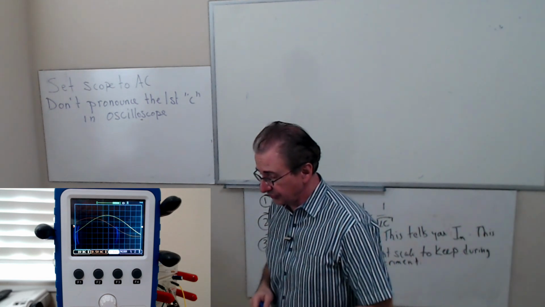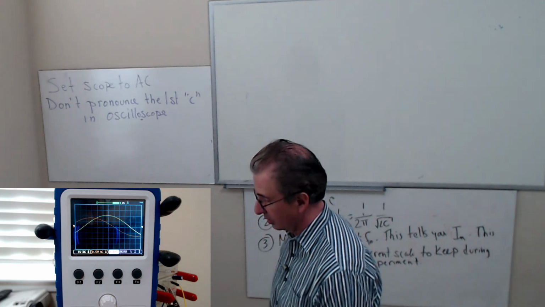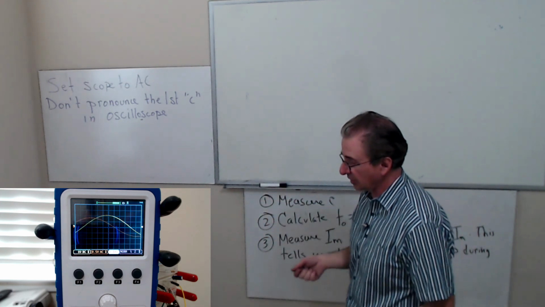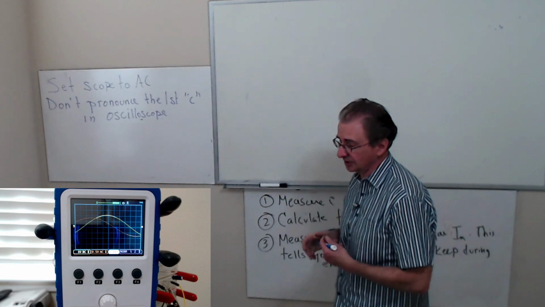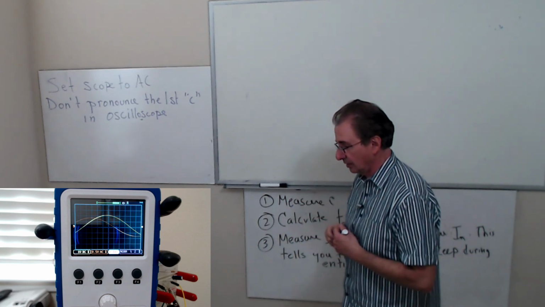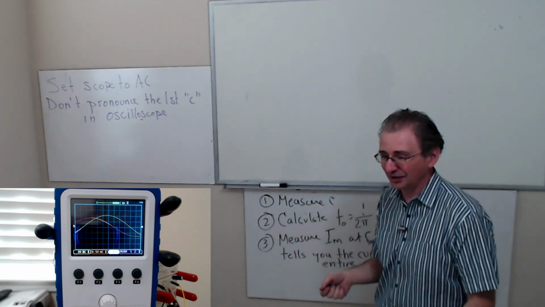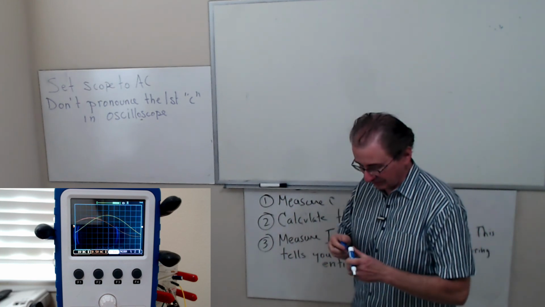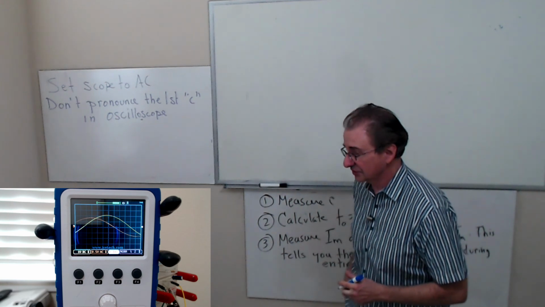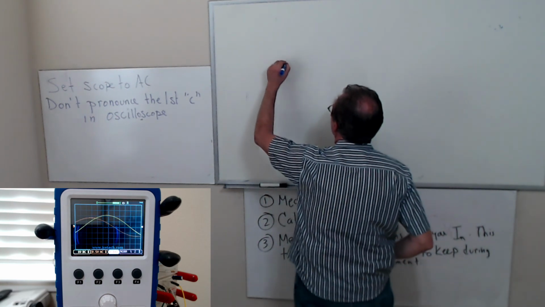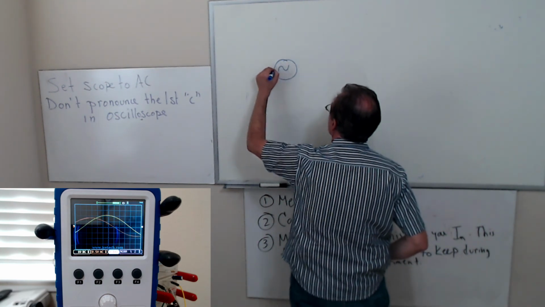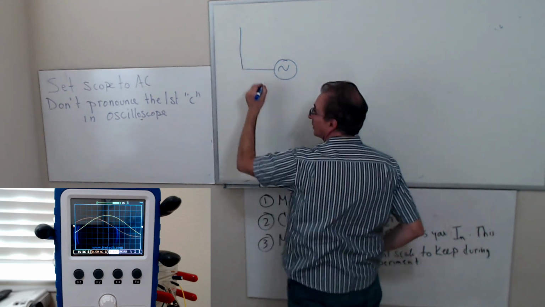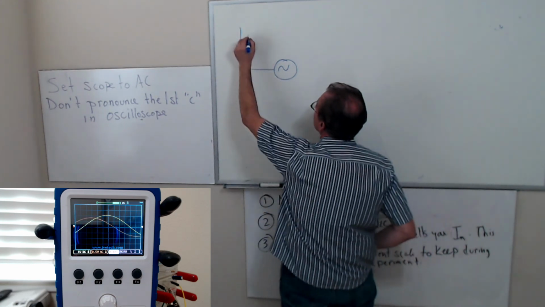You won't be using the scope to make measurements across the resistor and capacitor just because you really need to compare it to the power supply voltage. Otherwise, it's not of much use. You really need a two-channel scope.